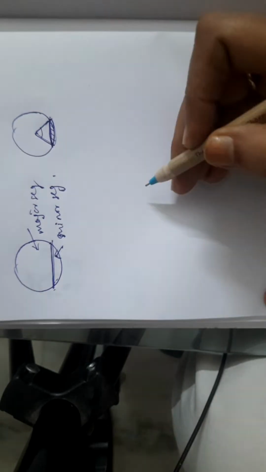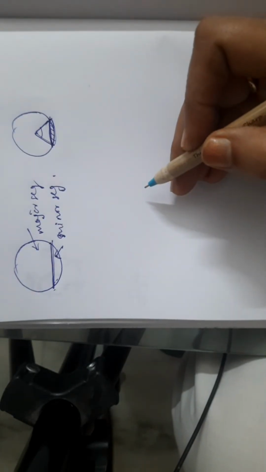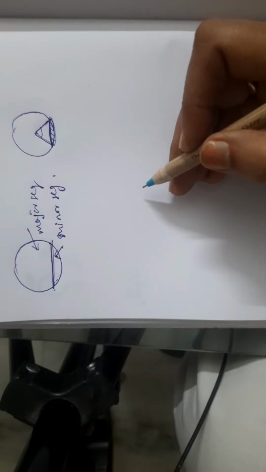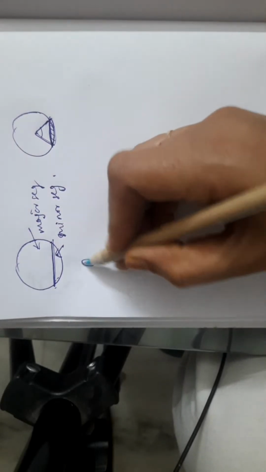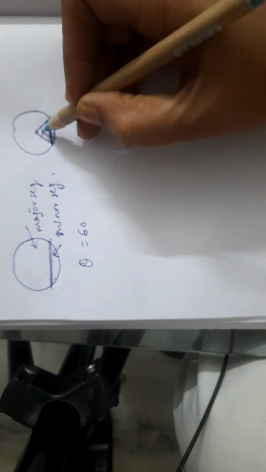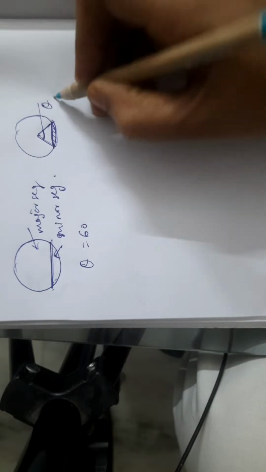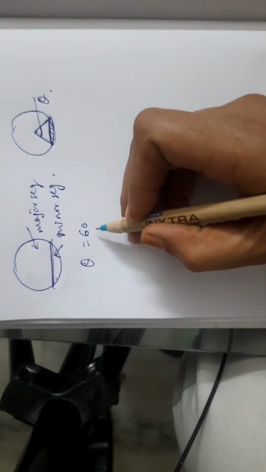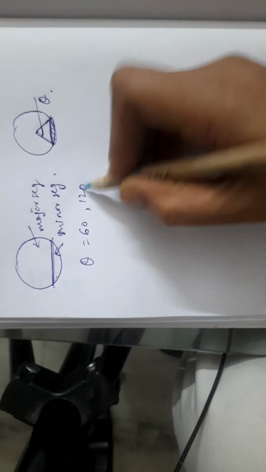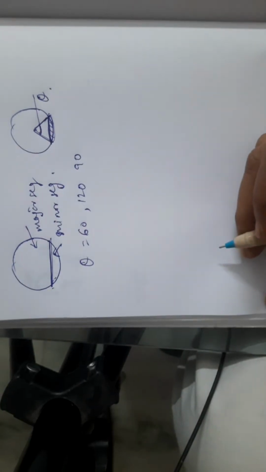Yesterday I discussed that three kinds of triangles are possible. In your syllabus, the triangle formation will be there where the central angle will be given in the form of theta. It can be either 60, 120 or 90.